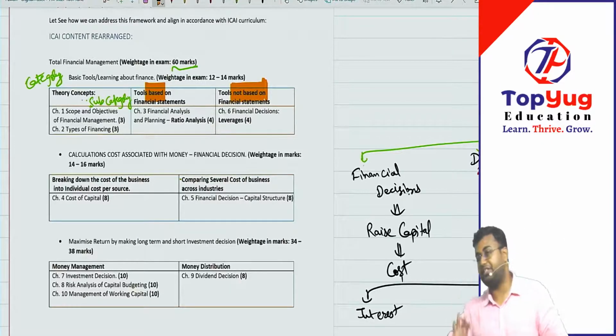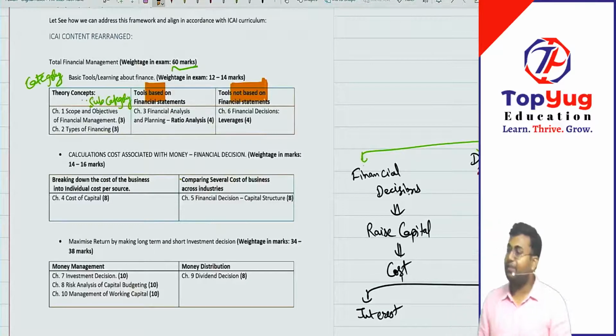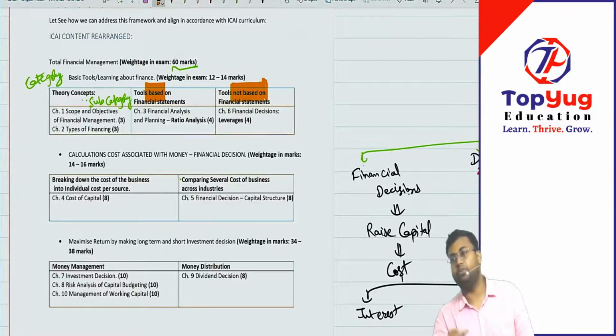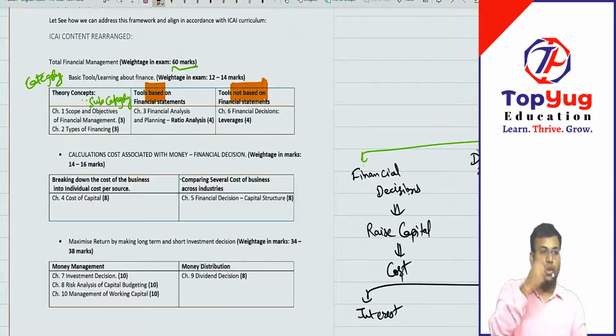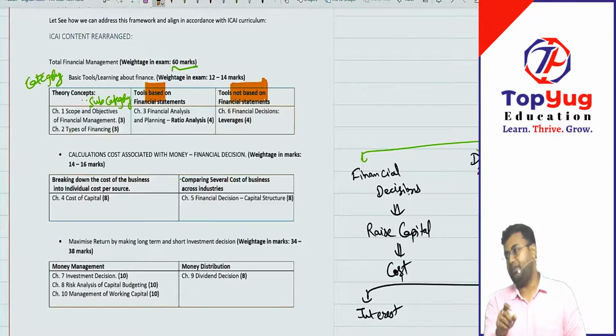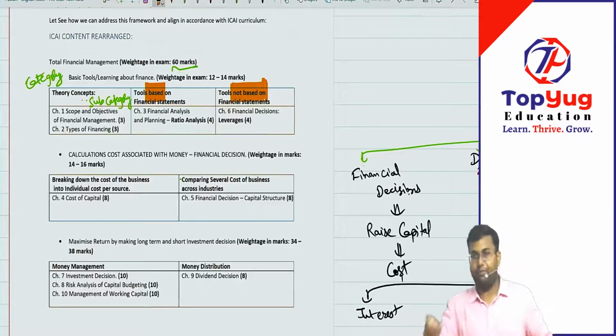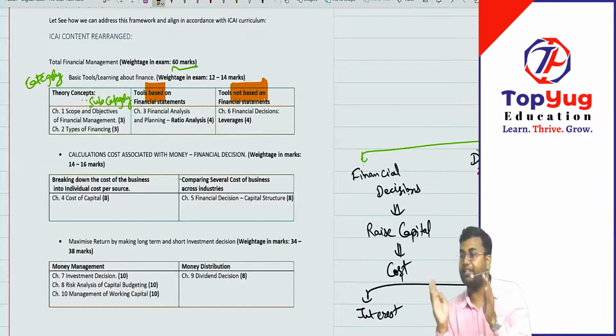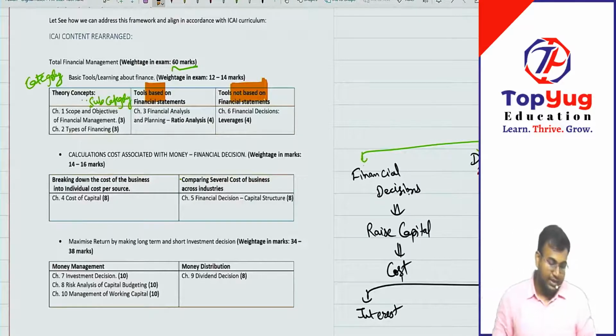Not with financial statements at least. So you have to first learn something else, then only we can do this chapter. But whatever I am going to teach you is the most prominent one for the whole of your life, because that will give you a holistic way of how finance has to be looked upon, right?